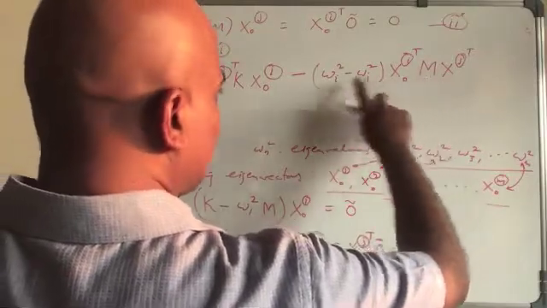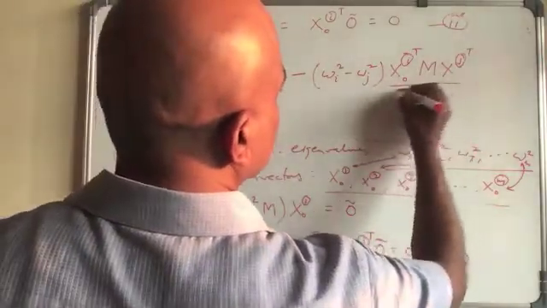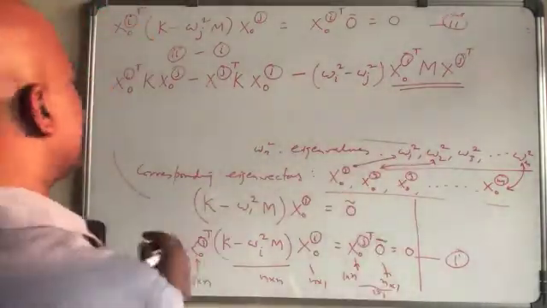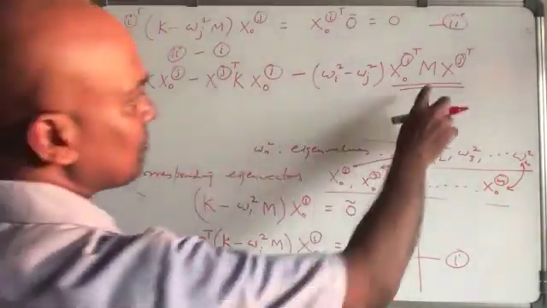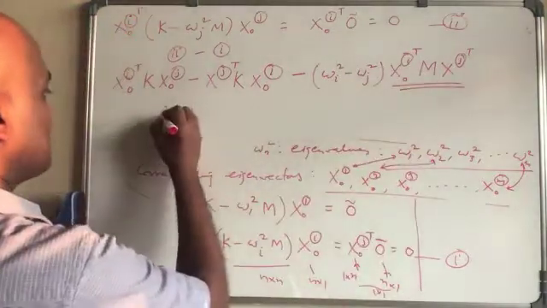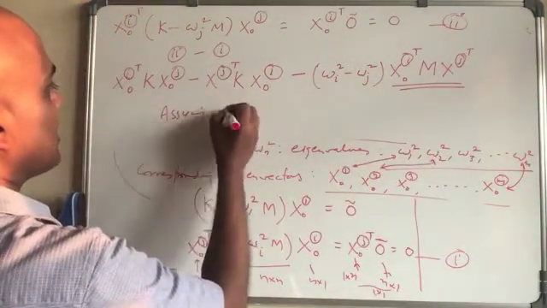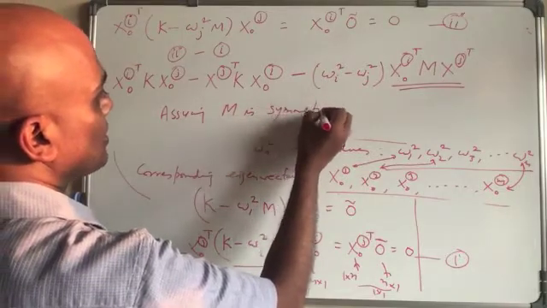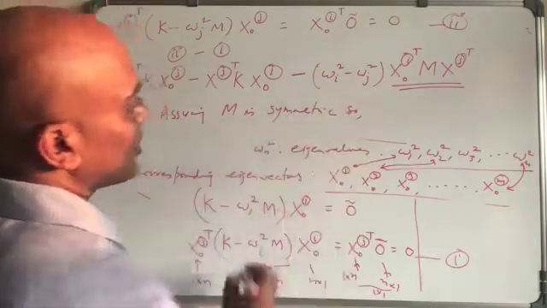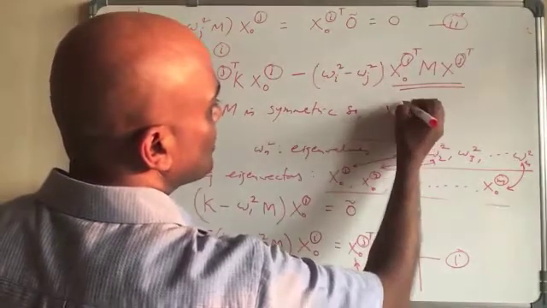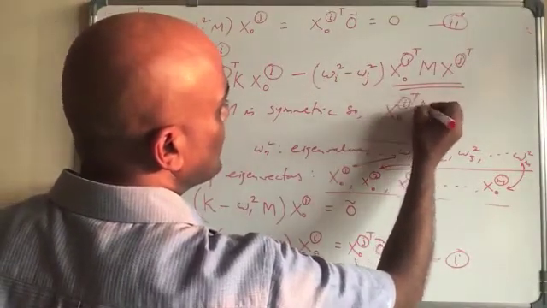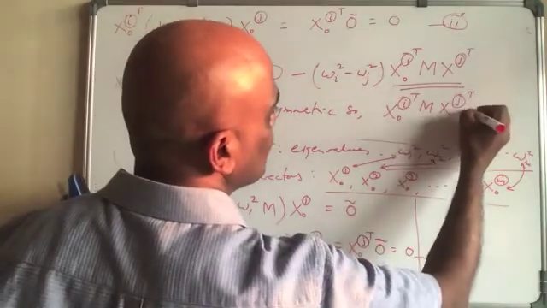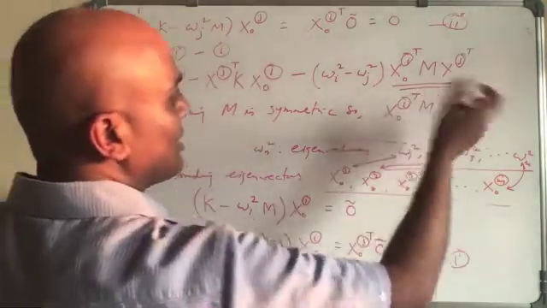Now that will be equal to this one. Why? We are assuming that M is symmetric. So x naught i transpose m x naught j is equal to x naught j transpose m x naught i; you can interchange basically.